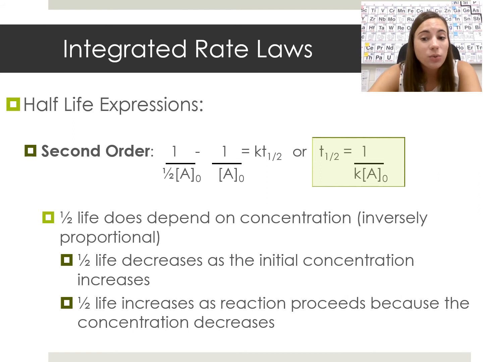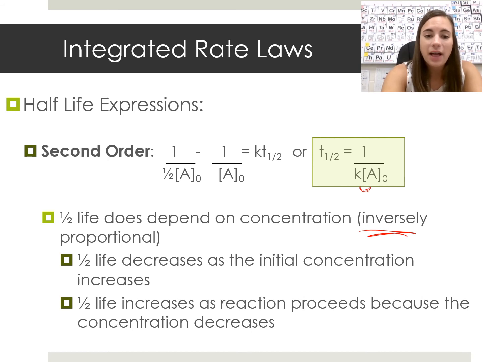But again, this only works for first order, because when we simplify the expression for half-life of a second order reaction, we have half-life equals 1 over K times the initial concentration. So now half-life does depend on the concentration, and it's inversely proportional.